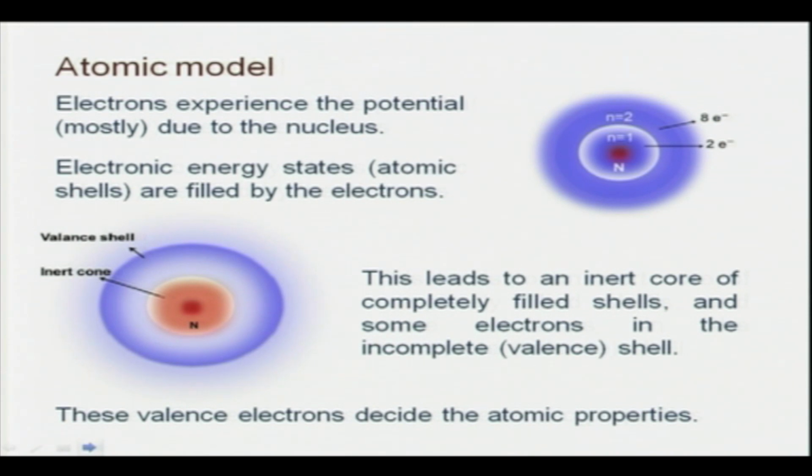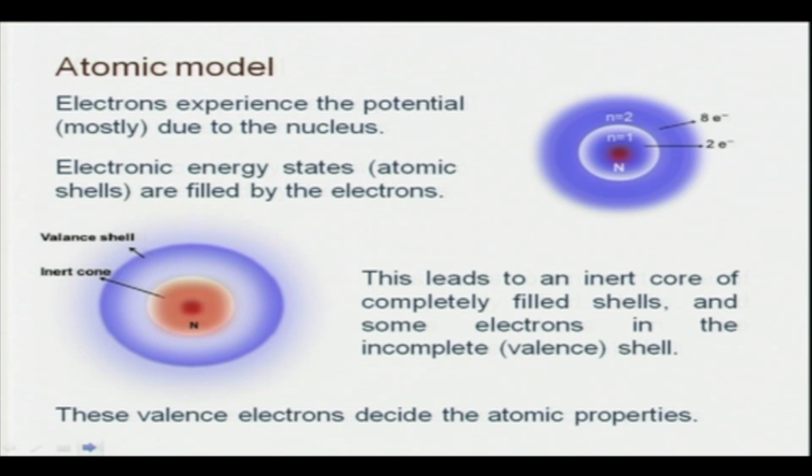Just recap that. In the atomic model, we have a nucleus and a lot of electrons moving in the potential generated by the nucleus.